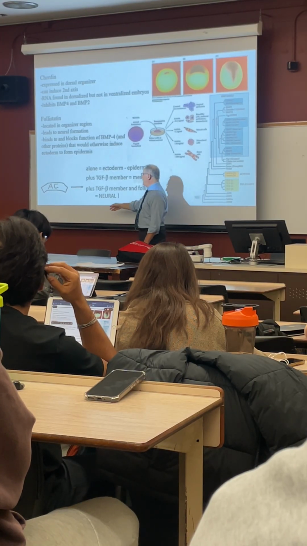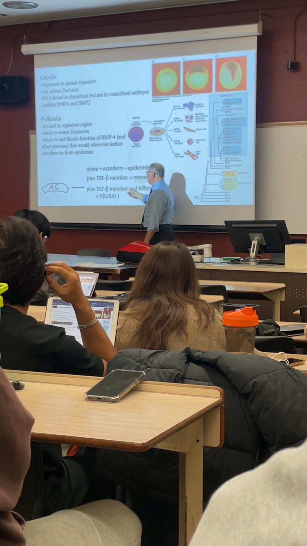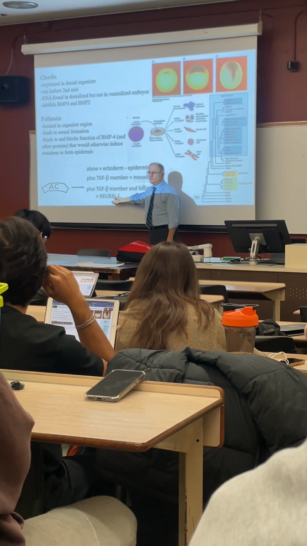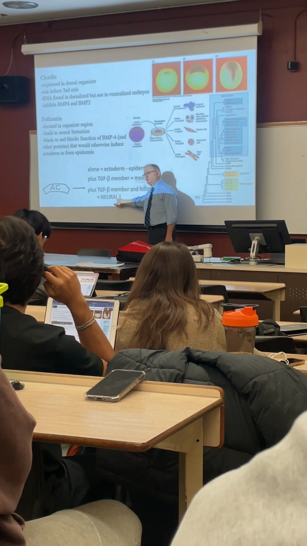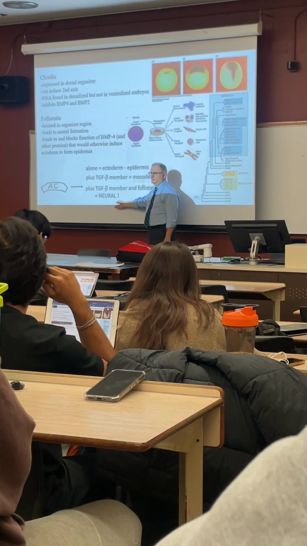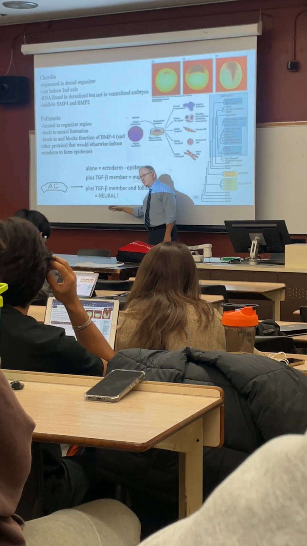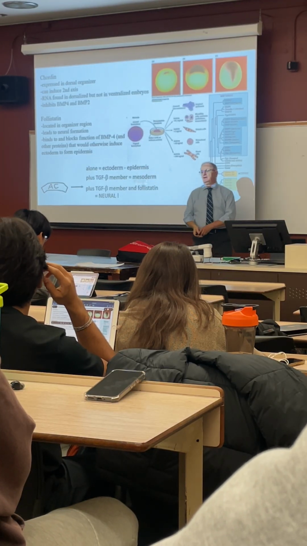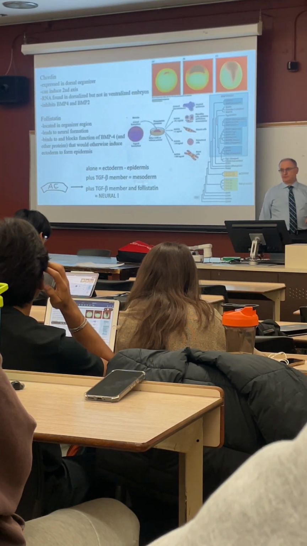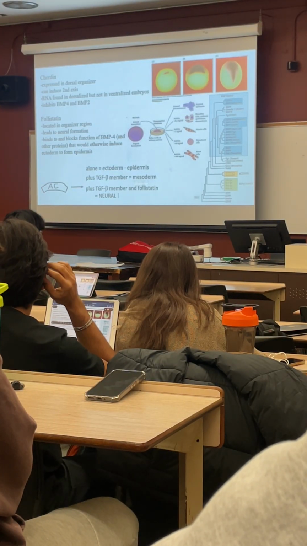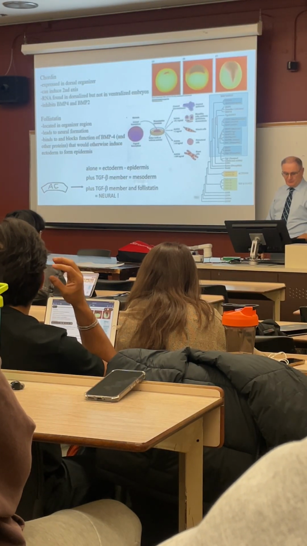However, if you take a TGF-beta family member and add follistatin, you end up getting neural. So something weird is going on, right? It's strange that you're getting this neural formation where you're expecting to get mesoderm. Having said that, one of the functions of dorsal mesoderm is to make ectoderm more neural. And this is how people figured it out.